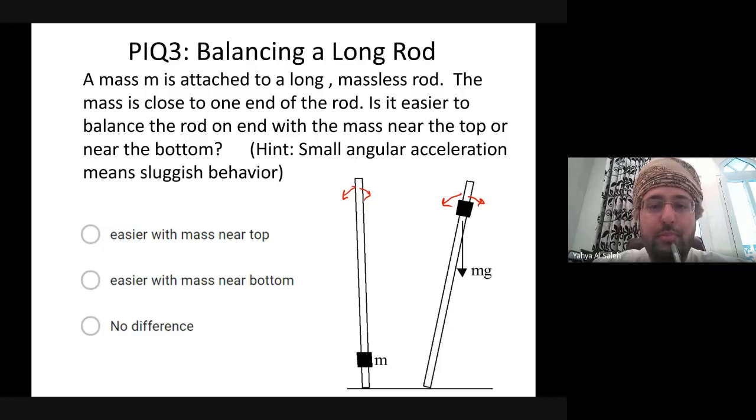You usually put it through the center of mass, right? Where is the center of mass of this system? Now, this question is a bit tricky because it tells you the long rod is massless.